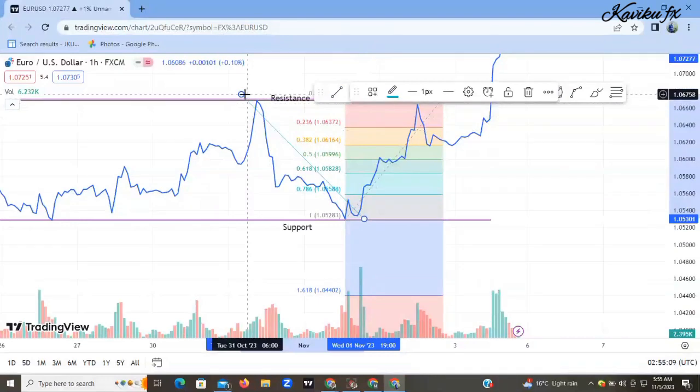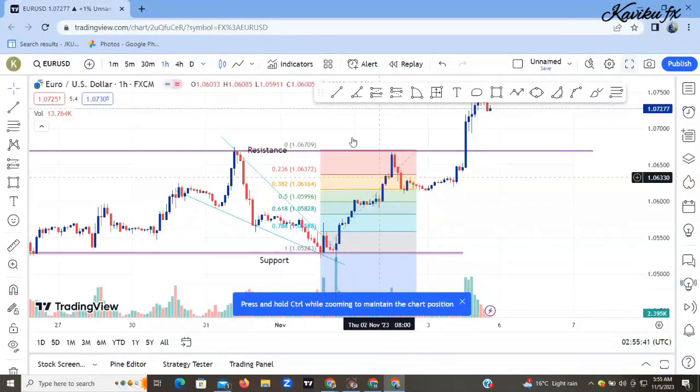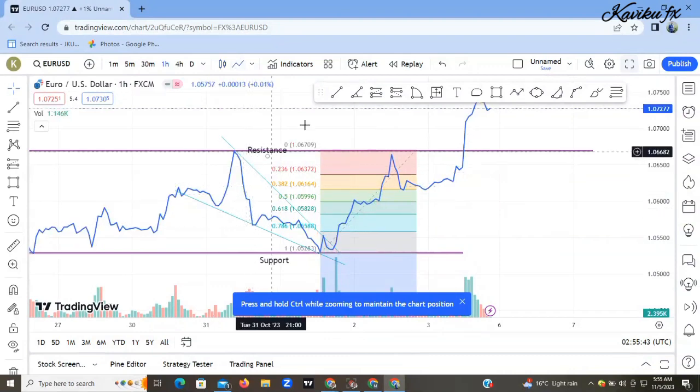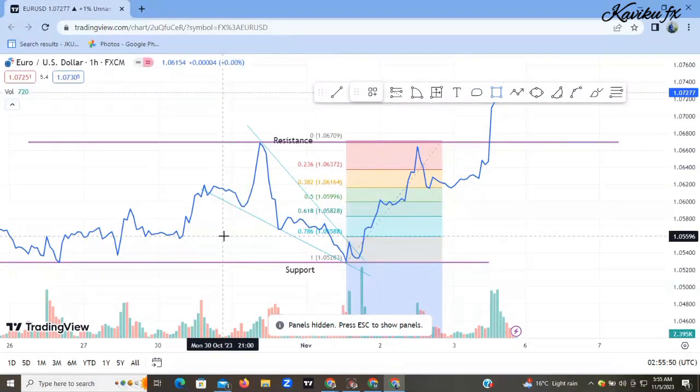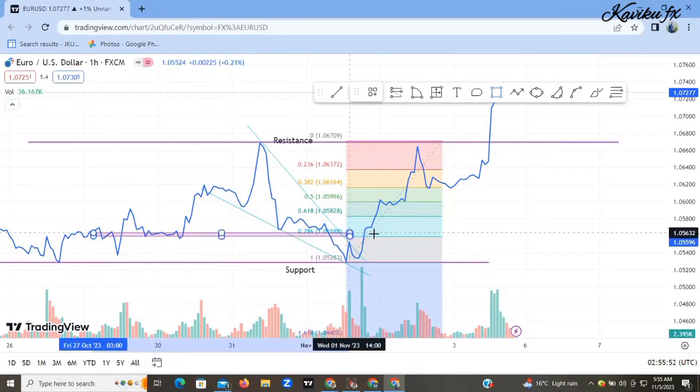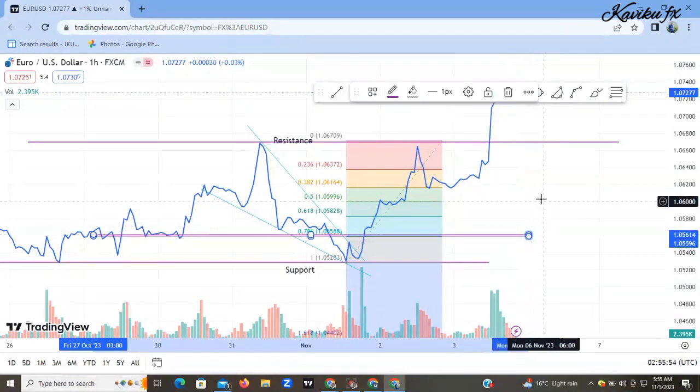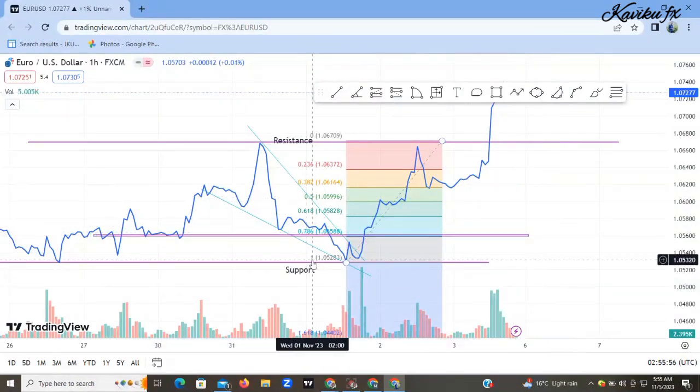Maybe we can customize our scale on the Fibonacci and make the text appear. We make the text appear in the center and middle, maybe on the right.